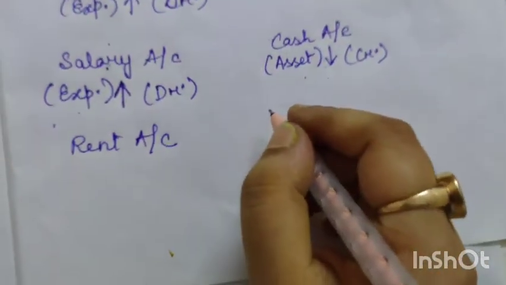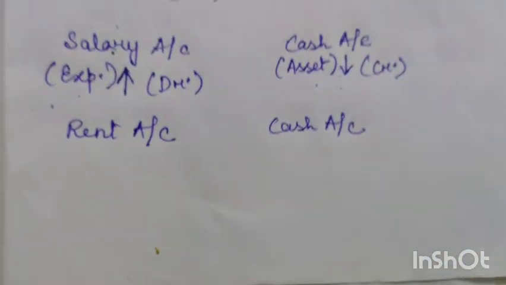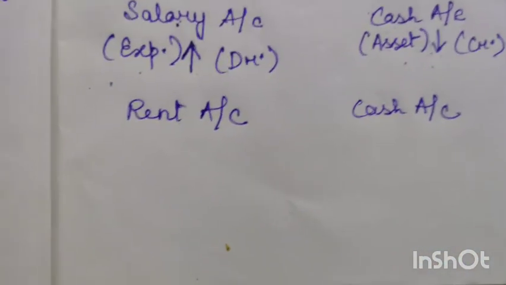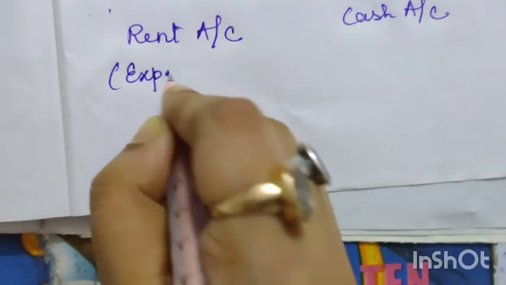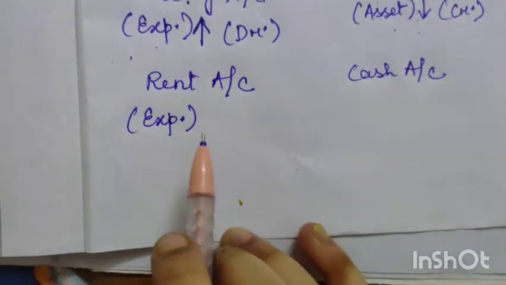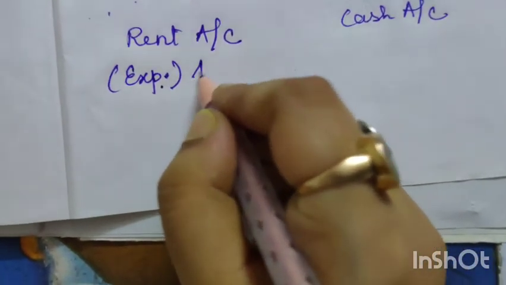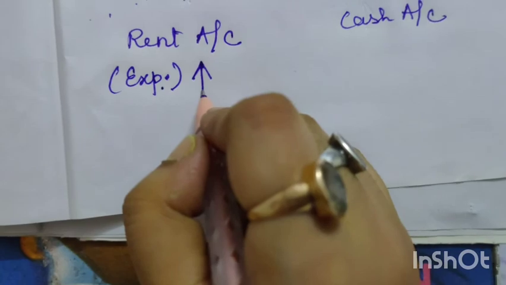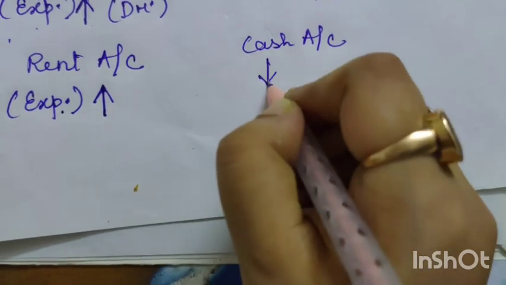Okay, now next, what we have paid as a rent? We have paid cash, so we will open cash account. Now rent is also an expense. I have explained earlier also. Rent, salary, all this comes under the category of expense. Now obviously our expense is increasing. Rent is a kind of expense, and here our expense is increasing. And since we have paid the cash, so obviously cash will be decreasing.